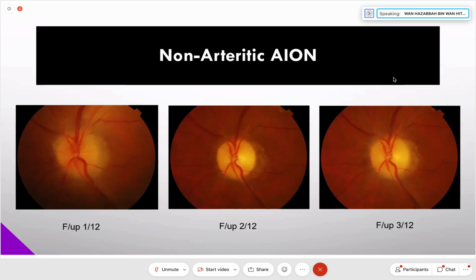Then during the follow-up, you can see the optic disc go from swelling of the disc. Like I told you, the swelling of the disc here is a little bit more pale compared to the inflammatory one. Then slowly it becomes atrophic. Okay. If you follow up to 3 months, you can see the optic disc becoming pale.